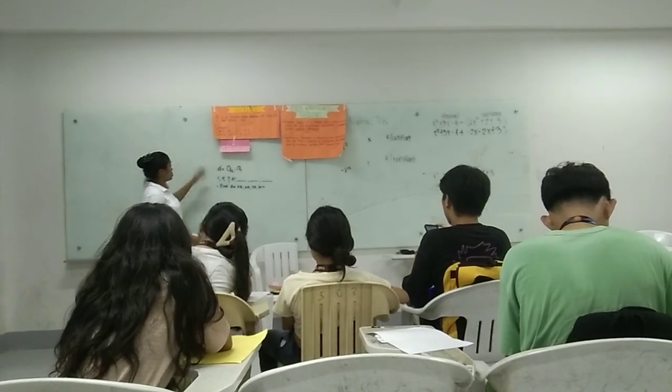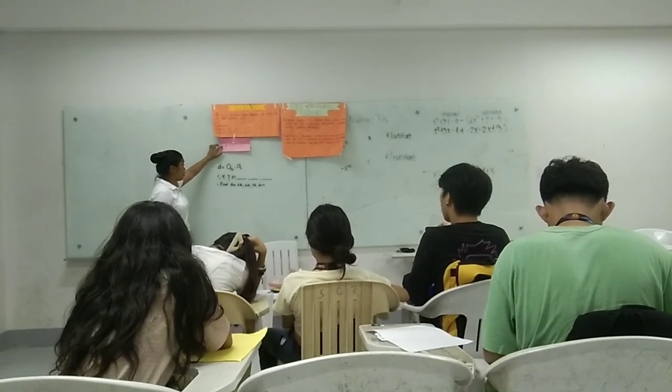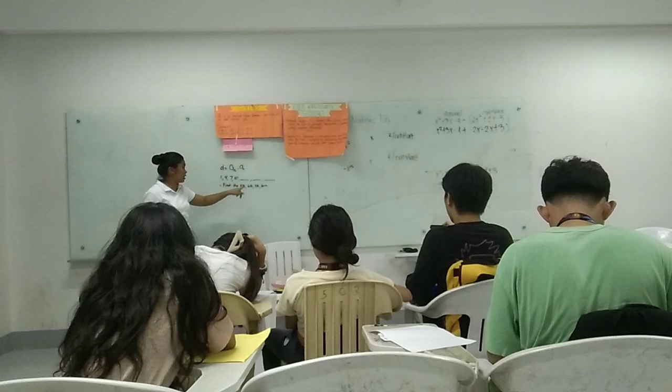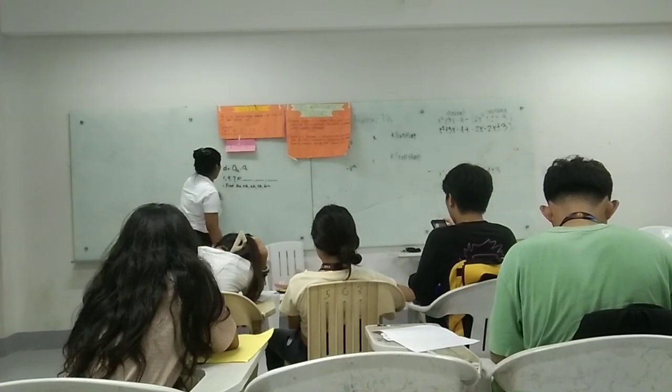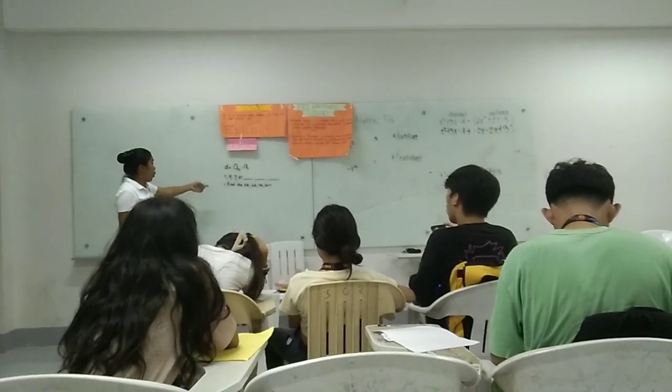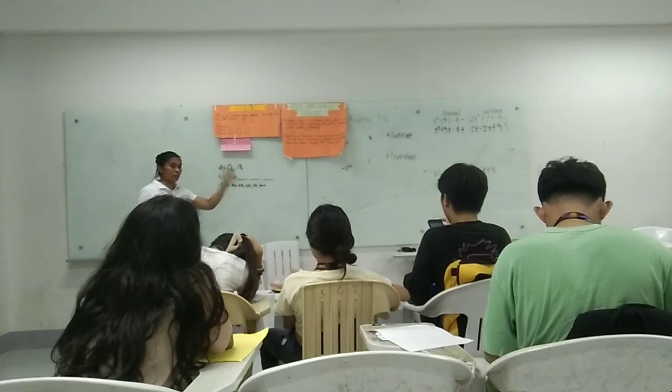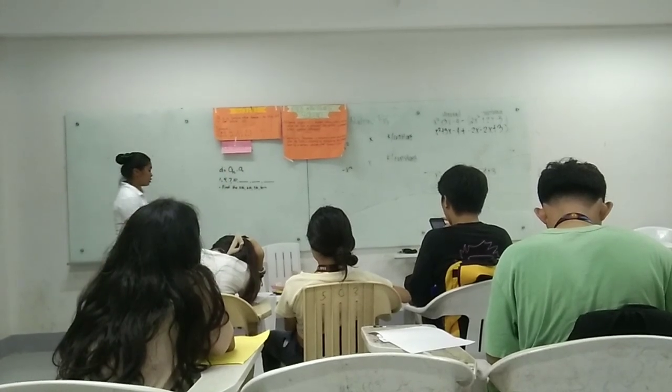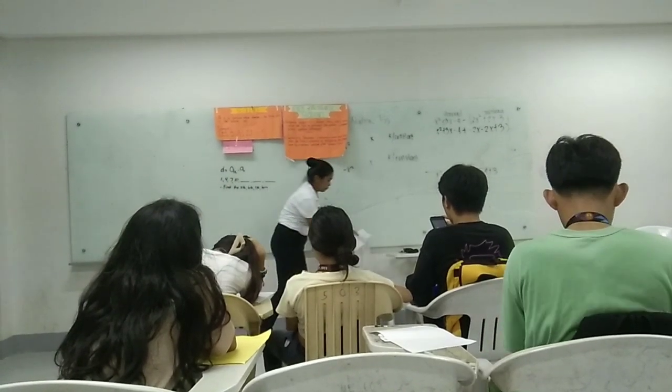So we will be using this formula to find the fifth, the sixth, and the seventh term for this example 1, 4, 7, 10, so on and so forth. So let's solve this by using the formula.